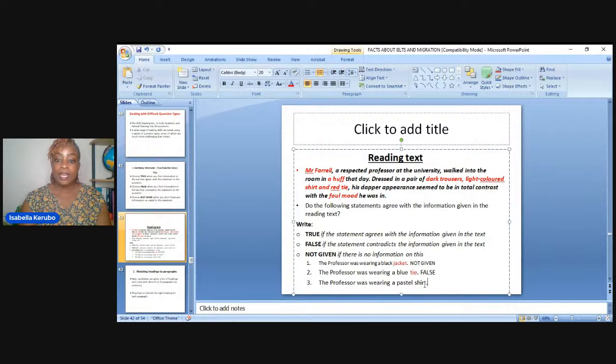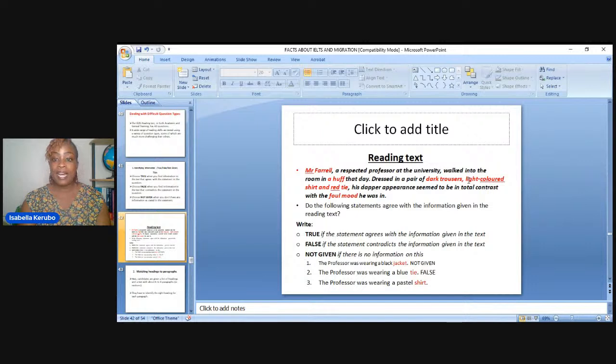The keyword here in this question is shirt. So we are going to look for shirt and see the description we are given about the shirt. Did we read anything about the shirt in the text? Yes, we did. The professor was wearing a light-colored shirt.